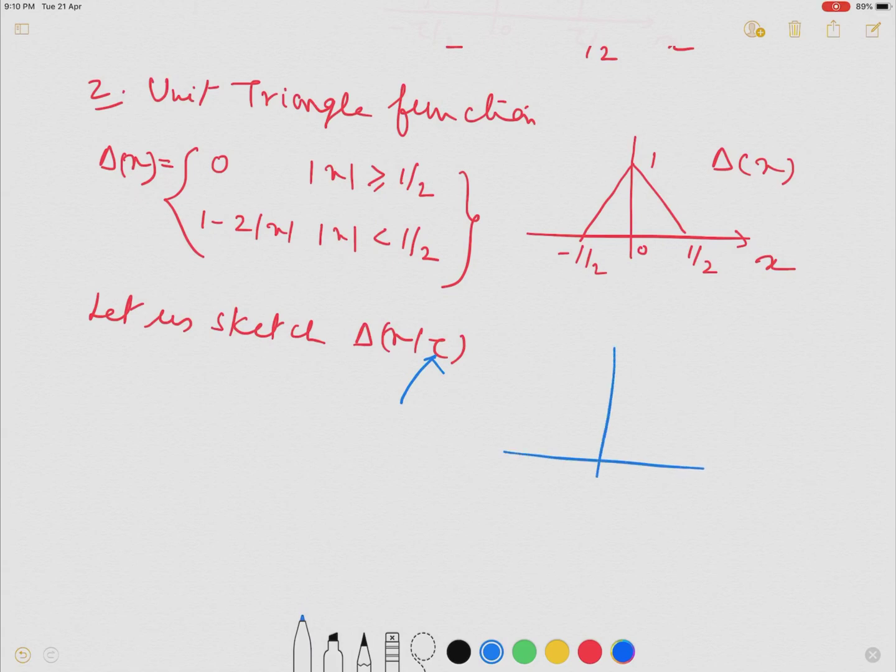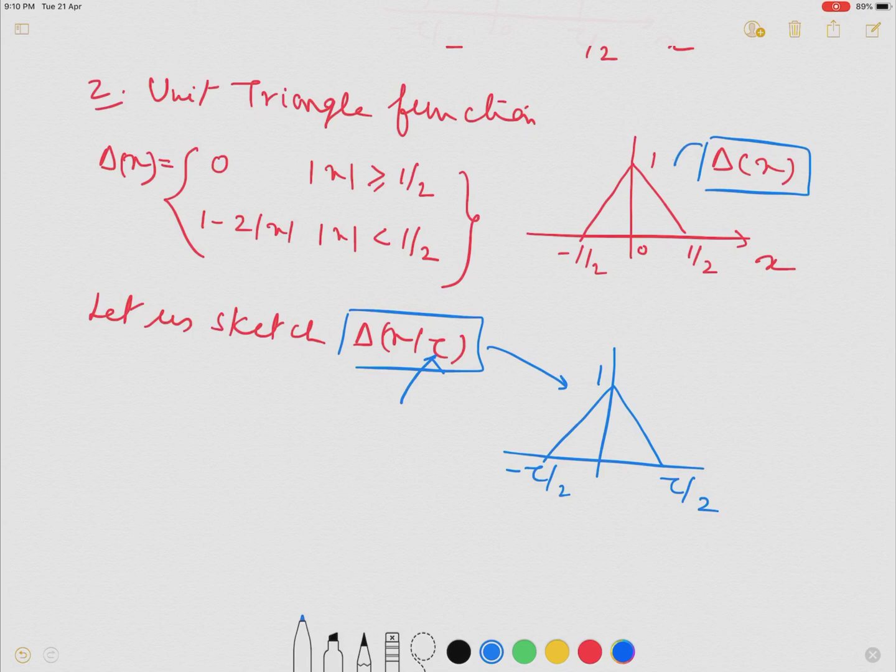When we draw this, it will simply be multiplied, that is tau by 2 to minus tau by 2 with height 1. Clear? So whenever in any function the argument is divided by some parameter, the horizontal axis will be multiplied by that parameter.